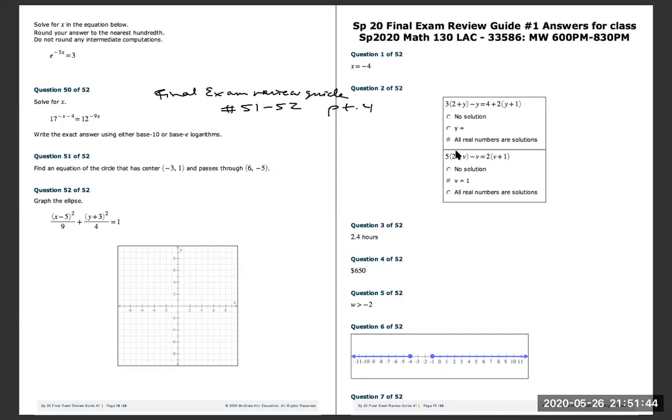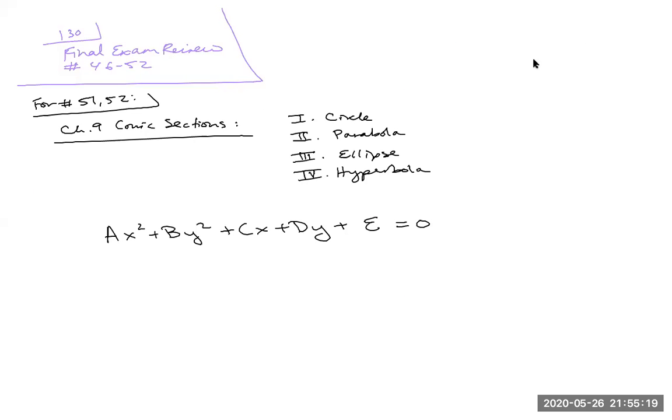We have a circle and an ellipse that we need to be concerned with, so let's move over to our whiteboard. Let me pause really quickly so I can get a few things set up. All right, you guys, I have the things I want to set up here.